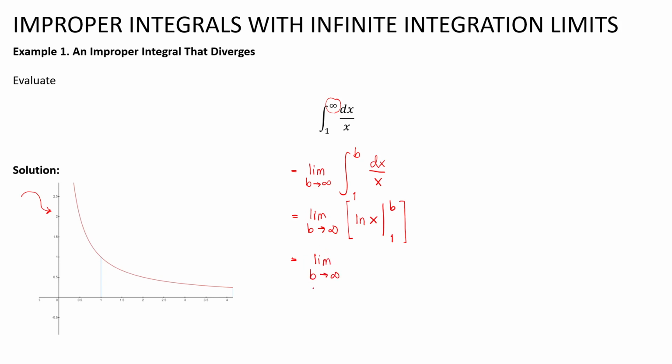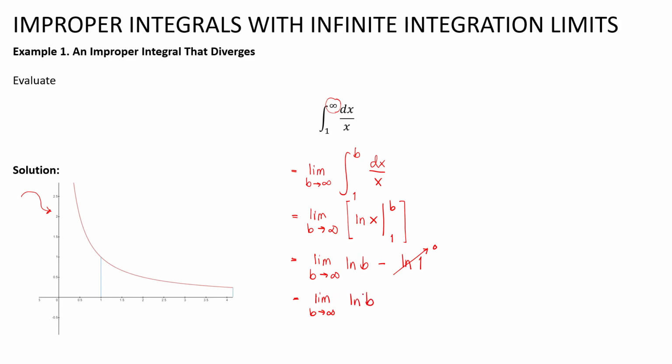You always apply the limit to the unknown parameter. So this is ln of b minus ln of 1. If you use your calculator, ln of 1 is equal to 0. So what is left in the equation is just the limit as b approaches infinity of ln of b.